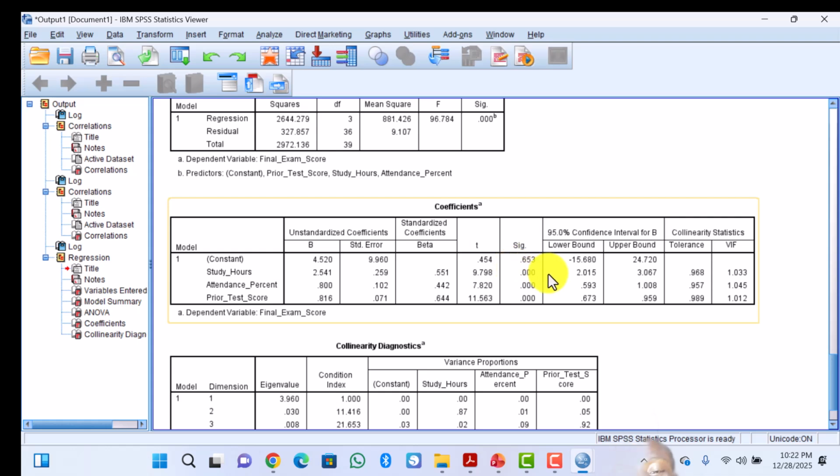But for now, you can see study hours has a value of 0.551, and it is significant. You look at the beta value and significance. Attendance, 0.442, is equally significant. Look at the beta and the significance.